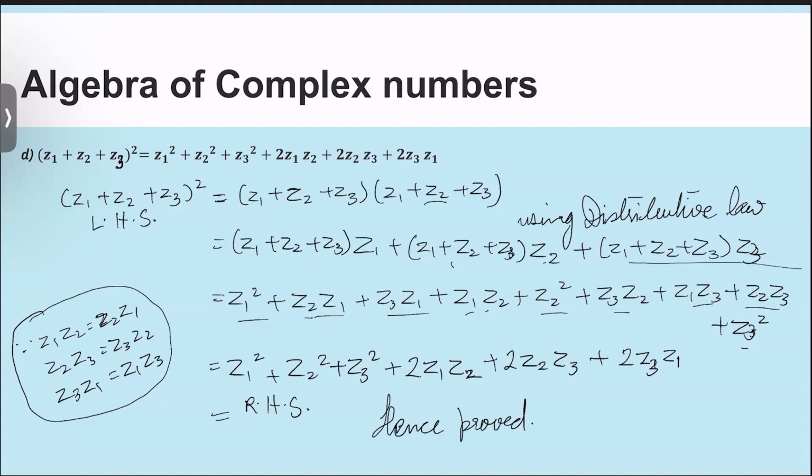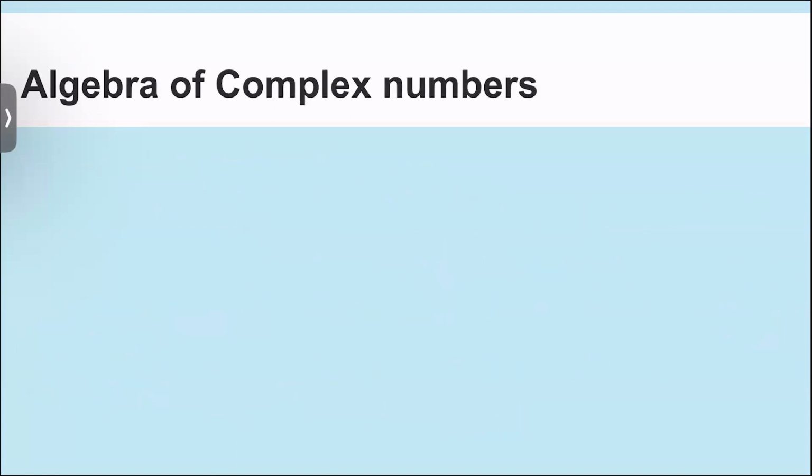Okay, so over here, we mostly use the distributive laws and commutative laws for the multiplication between two complex numbers. So the identities are mostly based on finding products for complex numbers. So let's see an example for this identity also.